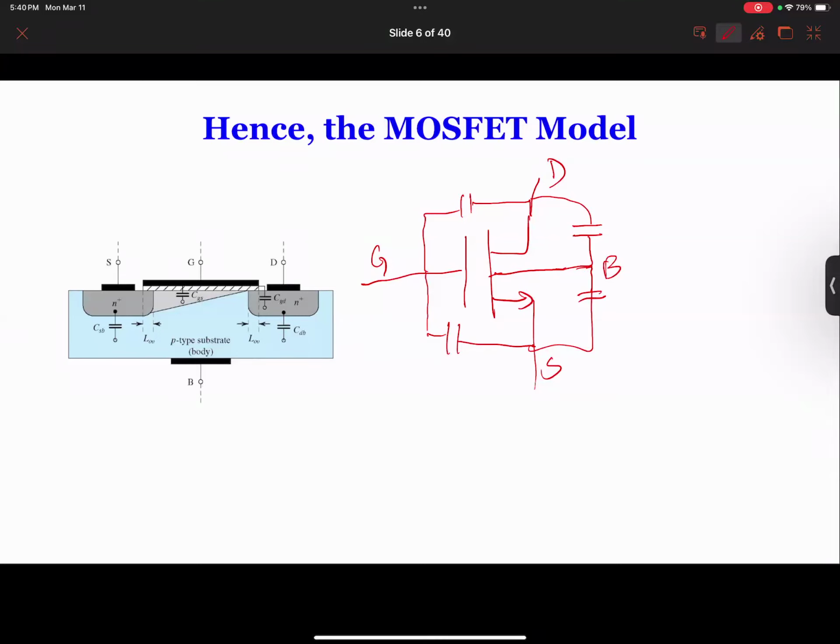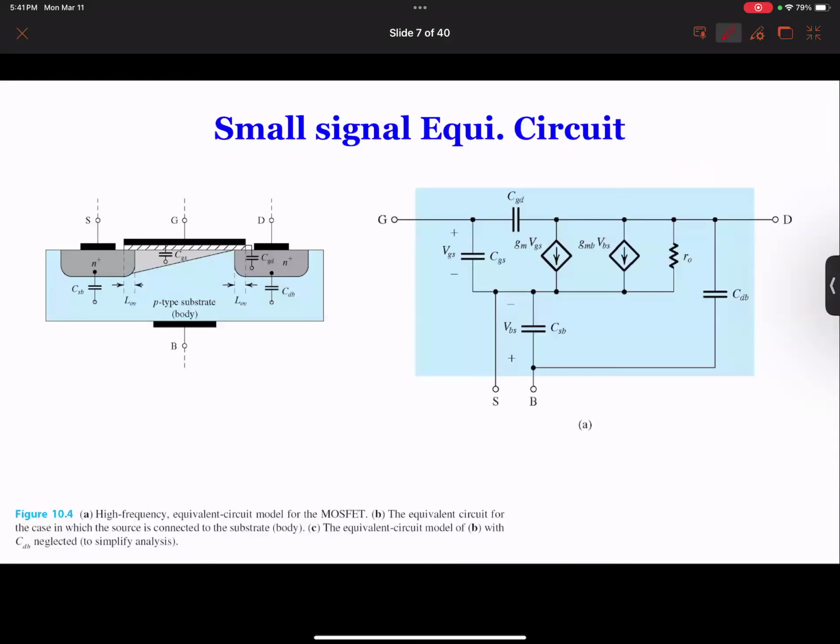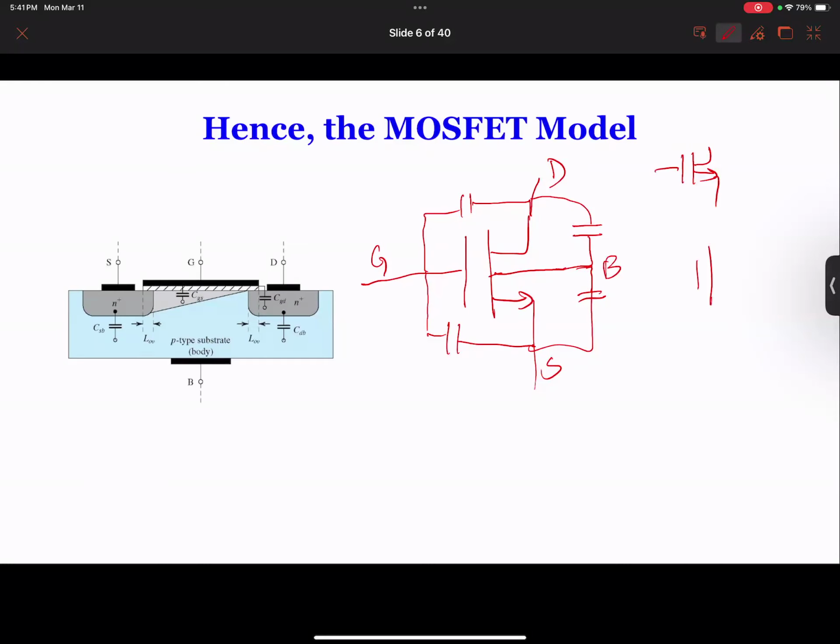But in modern MOSFETs, most of them, the source and body are connected. So they actually connect this one and the source. If they are connected, that capacitance is gone. That's the beauty, you can eliminate at least one. That's why in a lot of MOSFET drawings you will also see a MOSFET symbol like this.